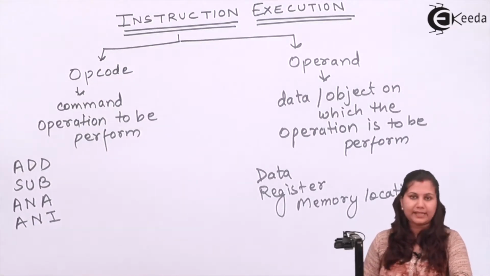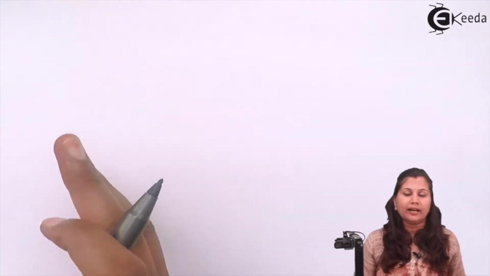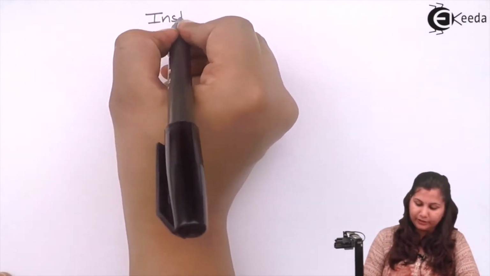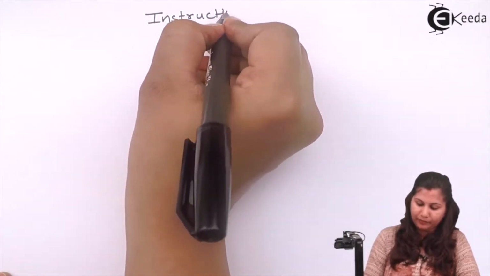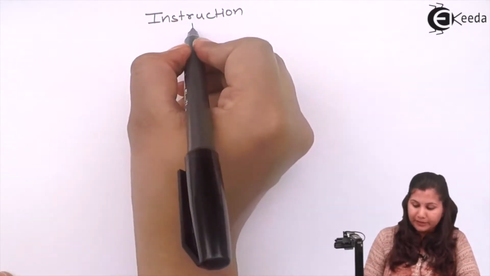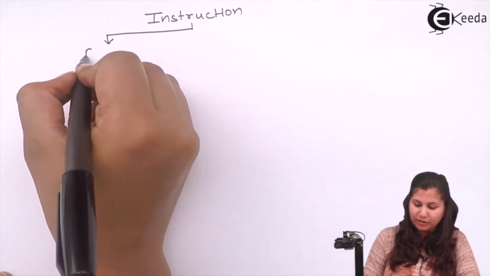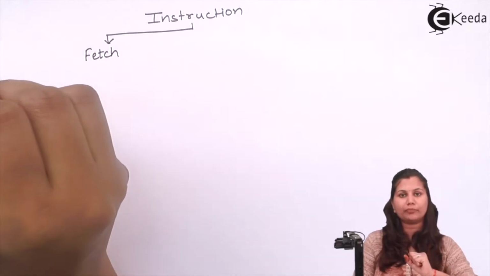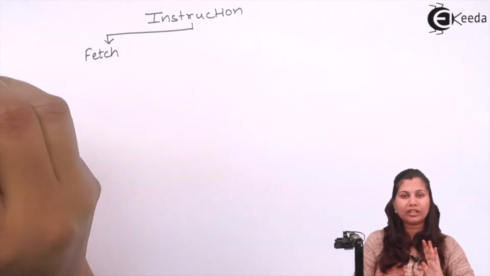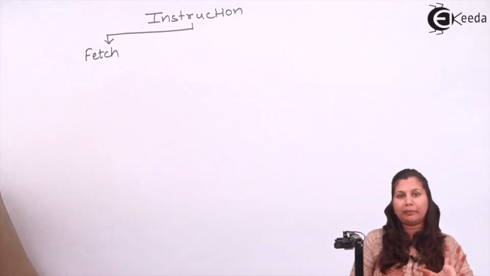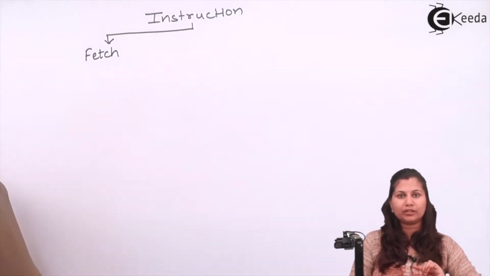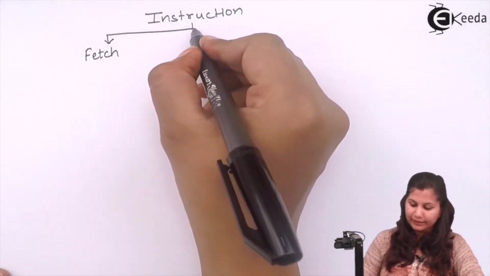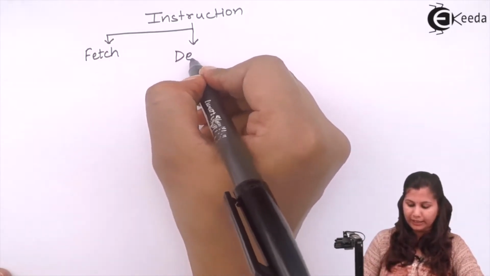Now, how is the microprocessor working? If any instruction is written, the microprocessor will first fetch that instruction. Fetch means it will fetch the instruction from the memory, because in the memory we are writing the program. So the microprocessor fetches the first instruction of the program, then it will decode that instruction.